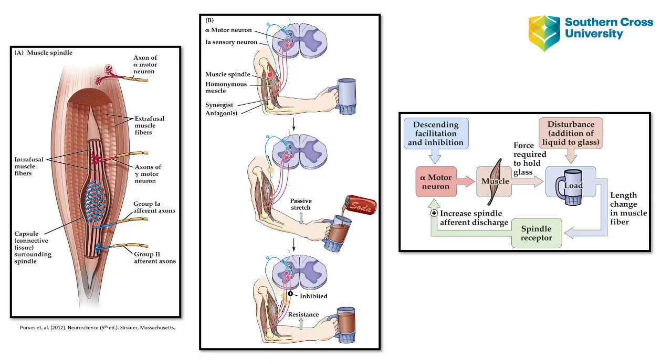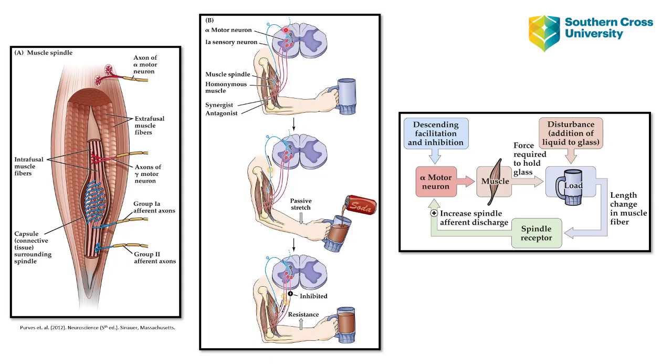Not only do we have that, we have this inbuilt mechanism by which we have reciprocal activation, it's called, where we get activation of the motor neuron pool of synergistic muscles, so other muscles that can help out with that action. And thirdly, what we get are collaterals onto inhibitory interneurons.